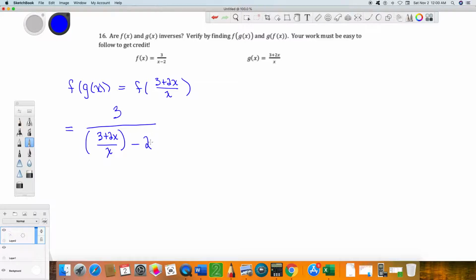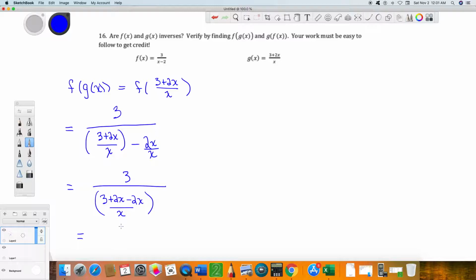Let's rewrite this number 2 as 2x over x, and now I have two fractions in this denominator, but they have a common denominator here, so I can write these two fractions as a single fraction if I just do this operation of subtraction. So look, I've got 3 plus 2x and then minus 2x, and that's all in the denominator there.